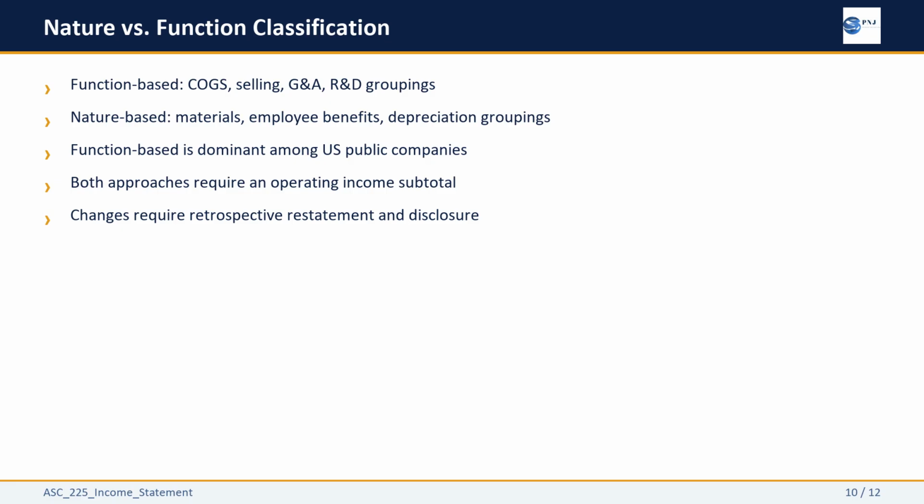This approach is more common under IFRS. Under ASC 220, either method is acceptable as long as operating income is presented. The critical constraint is consistency. Once you choose an approach, you must stick with it. Any change requires retrospective restatement and clear disclosure. If a reclassification is proposed, escalate it to your manager.